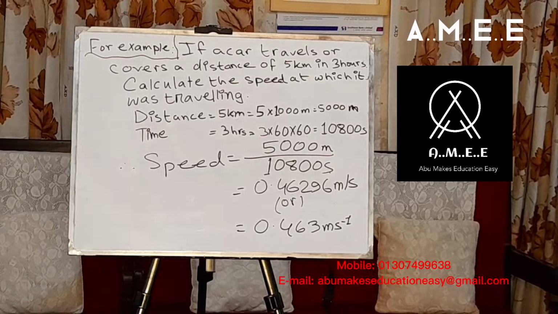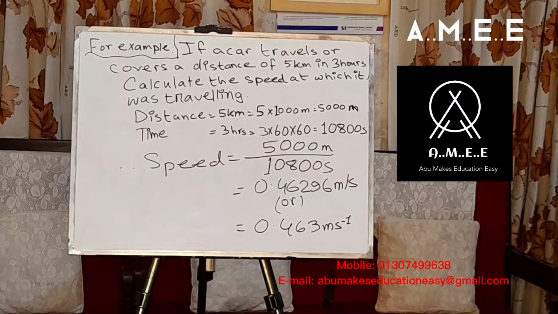Time has been given as 3 hours. Now we need to convert it to seconds. First we multiply 3 by 60 to convert hours into minutes. Then we convert that minute into seconds by multiplying by 60.